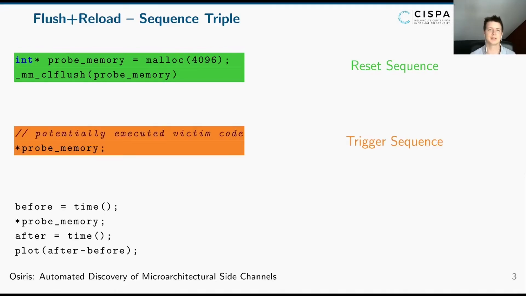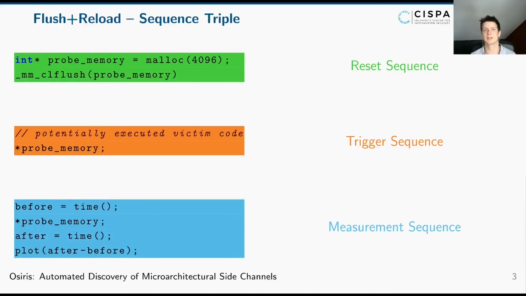In our second sequence, we then trigger a change in this state. So in this case, if our trigger sequence is executed, we trigger the state change to the memory address being in the cache. Our third sequence then times some memory addresses, or for example, other instructions. Based on this timing, we observe whether or not the trigger sequence was previously executed.